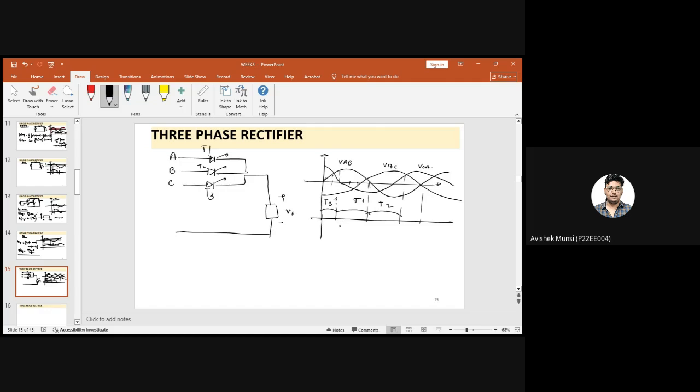So in case of R load, for RL it will conduct up to a certain time, right? So it will look like this. This is T1, this is T2, this is T3. Actually I have to use three different colors, I didn't use them. Okay. For RL load, it will conduct for a period of time, and then suppose this is the next one, after which the next one will conduct.